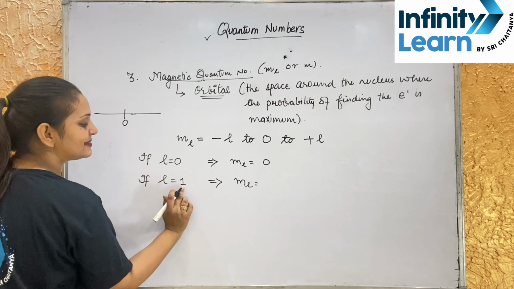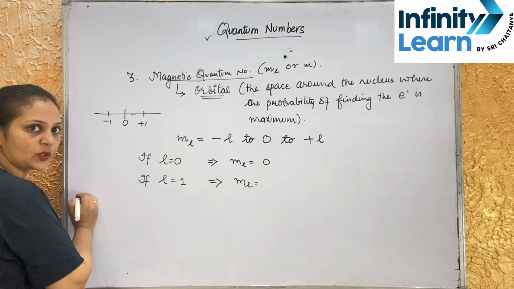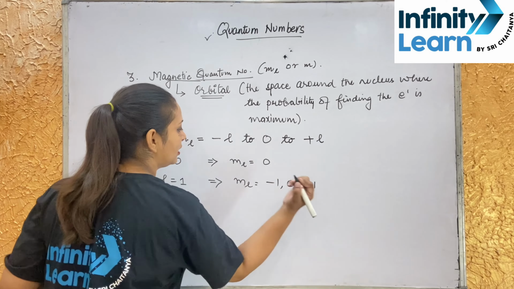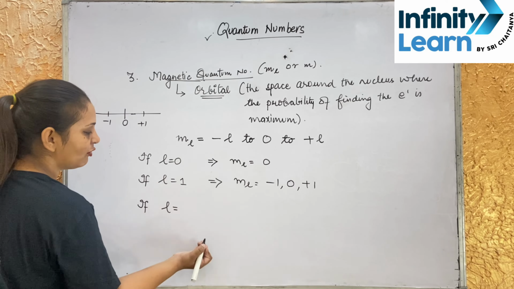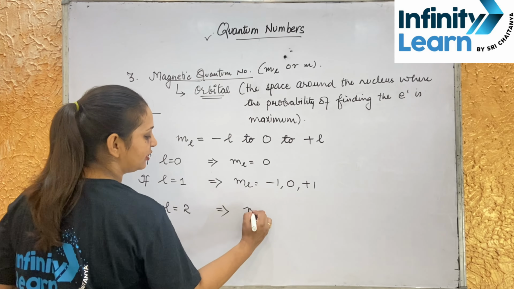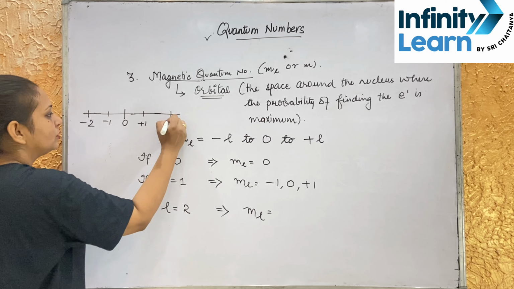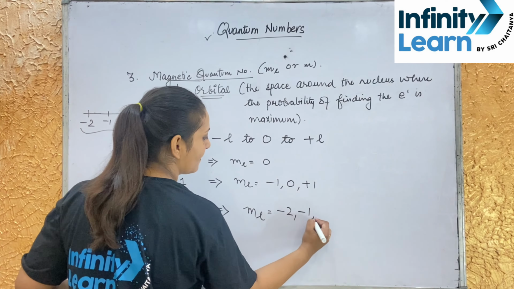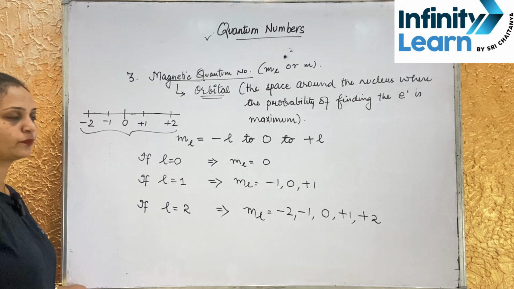The integers would be minus 1 and plus 1, so the values of ML are minus 1, 0 and plus 1. Similarly, if the value of L is equal to 2, the value of ML will be on the number line from minus 2 to plus 2. We have 5 values: minus 2, minus 1, 0, plus 1 and plus 2.